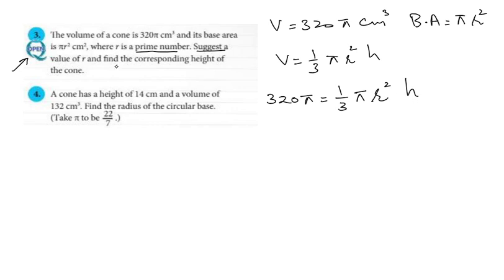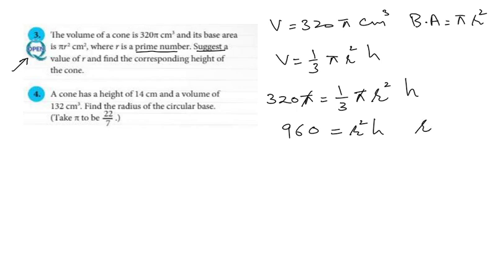The value of r must be a prime number, and it is chosen by you, meaning you can take any value for this question. Before moving forward, see that this pi will be cancelled by this pi, and 320 multiplied by 3, we get 3 zeros are 0, 3 twos are 6, 3 threes are 9, 960 equals r squared h.